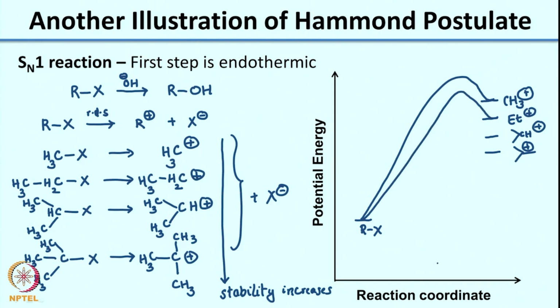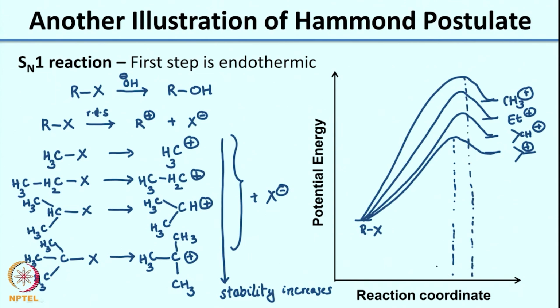So, you would see that the transition state shifts a little to the left, and as you go, what happens is the transition state going from alkyl to T-butyl would shift to the left, because you start off with a late transition state, and as you are moving down, the transition state keeps shifting to the left, because the energy difference between your reactant and the intermediate is decreasing, or it is becoming less endothermic.